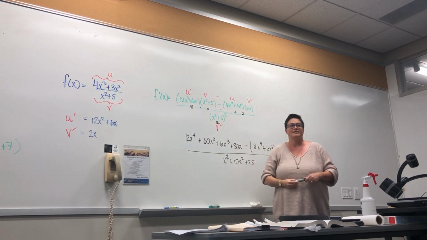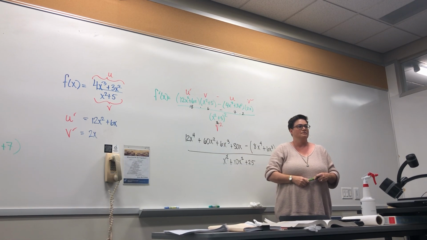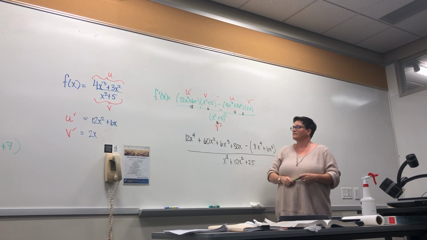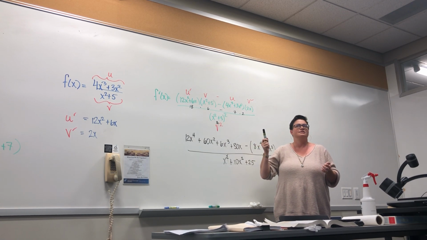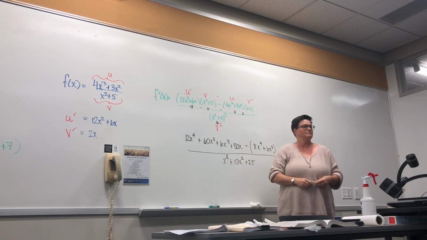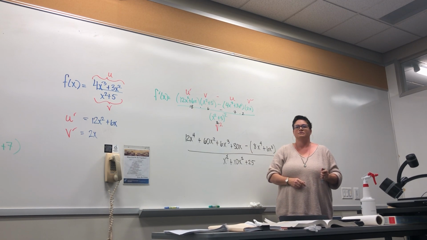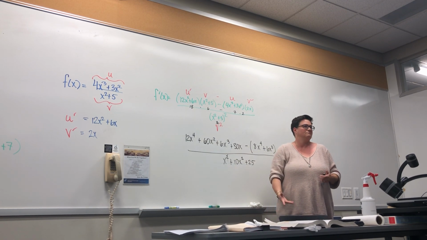You can do this a lot faster, guys. Right? So checking your work by plugging a number in is so much faster than doing this. So much faster. I'm not even done, I'm over it.